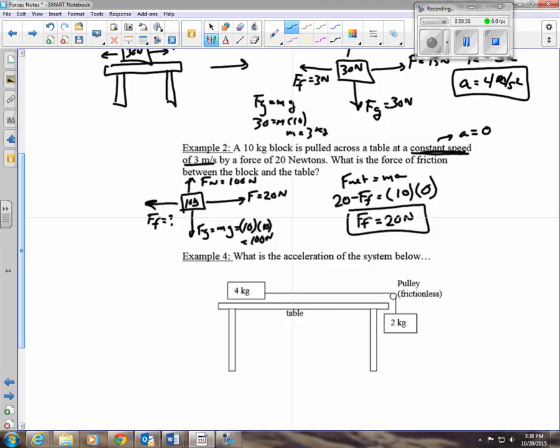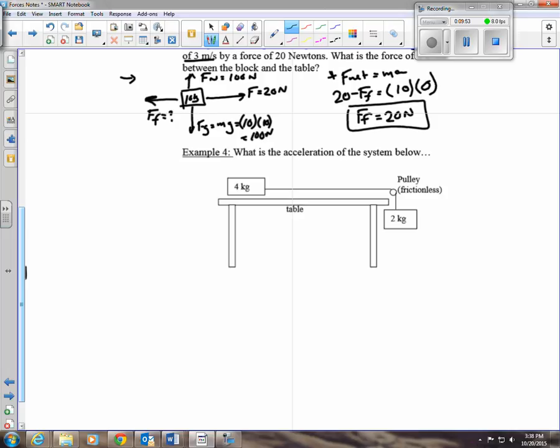Now, another way I could have done that was just look back here at the free body diagram. When I see constant speed, Newton's first law says the forces all cancel. So I could have looked at this without doing this step and just said, I know the force of friction has to be 20 because the forward force is 20 and it has to balance and we're going at constant speed.